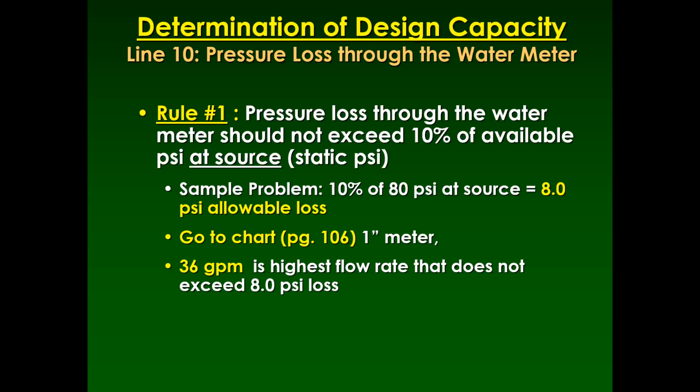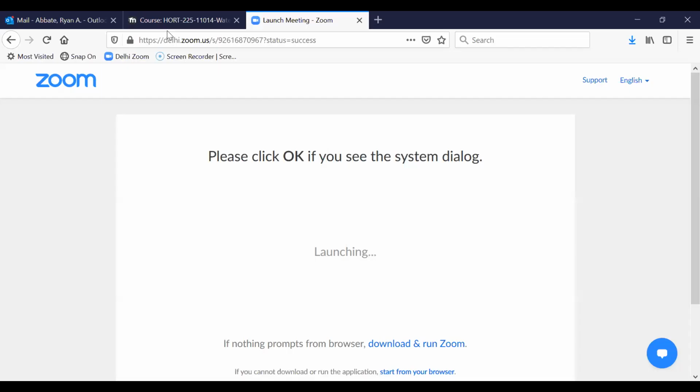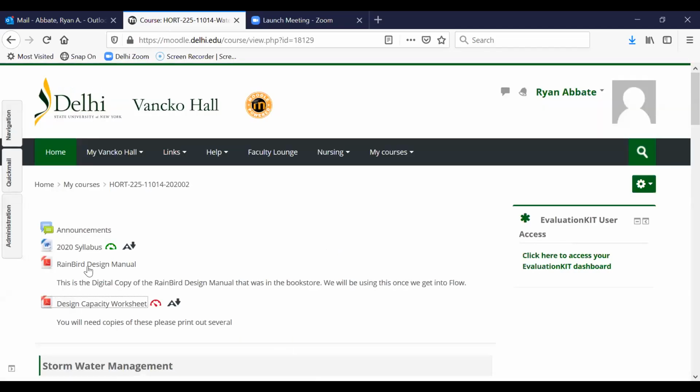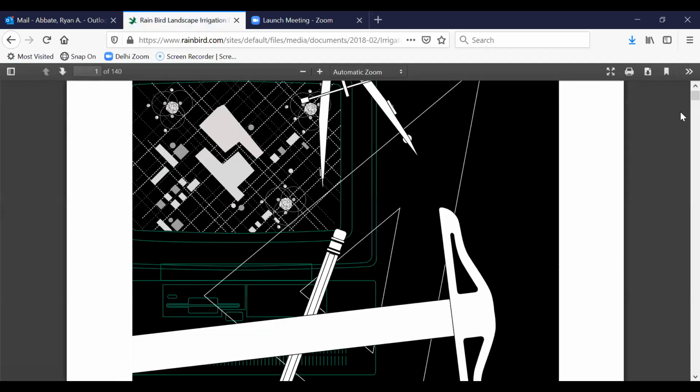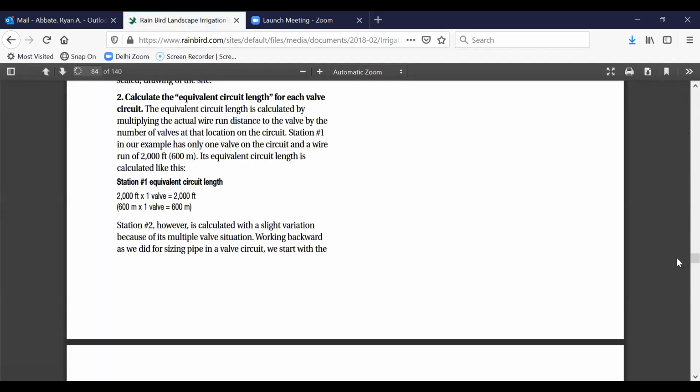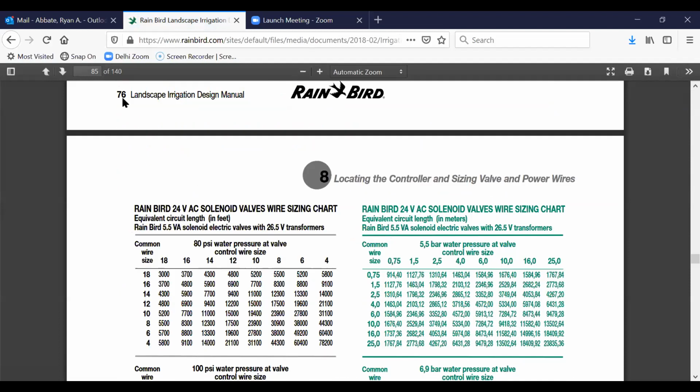Let me see if I can pull up... Let's go with this. All right, just so you guys see, page 106.